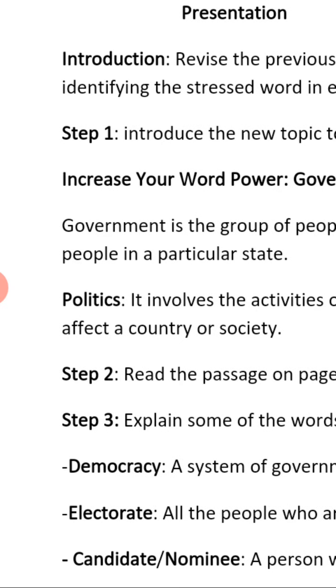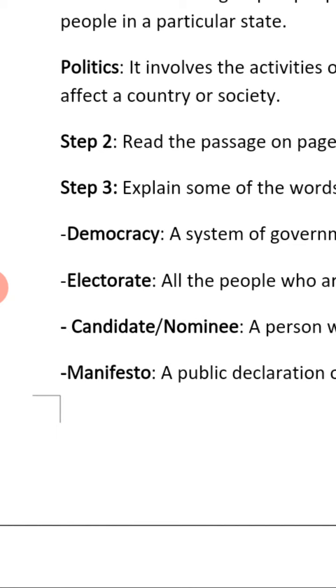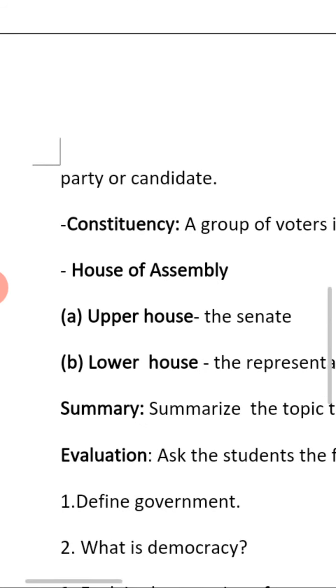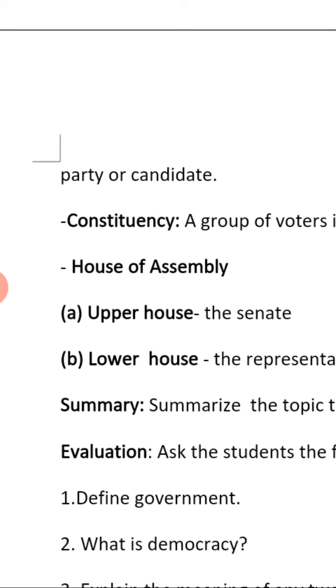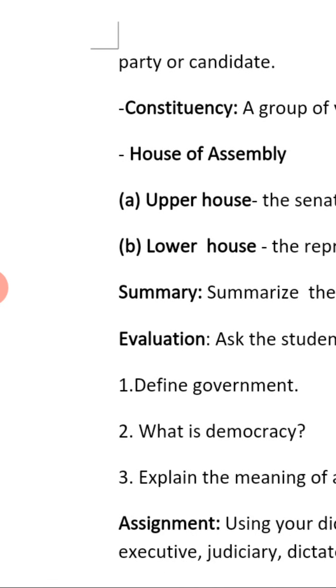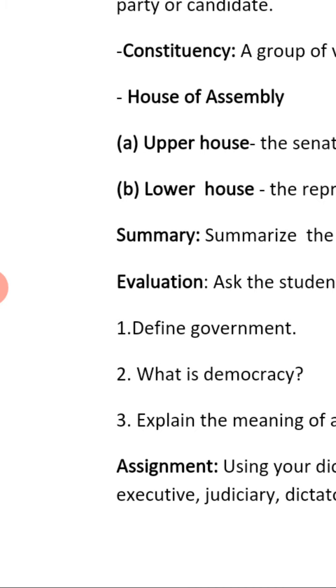That is what is known as politics. I also read the passage where we came across a lot of words that are related with government and politics. And among those words, we have democracy, electorate, candidate or nominee, manifesto, constituency, house of assembly, where we have the upper house, that is the house of senate, the lower house, that is the house of reps, and so many other words.